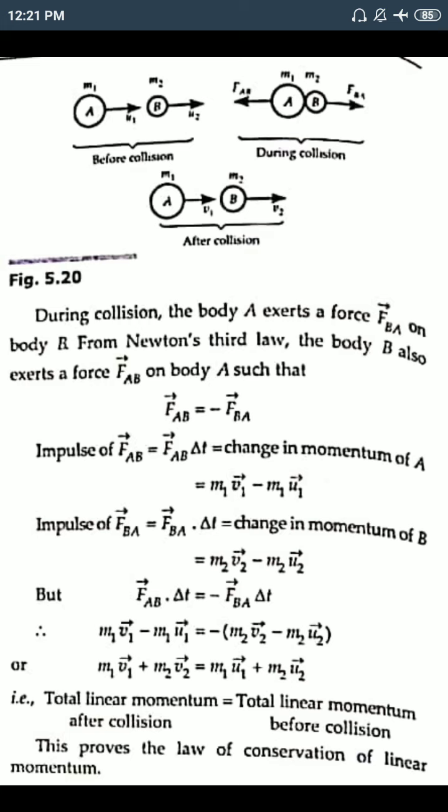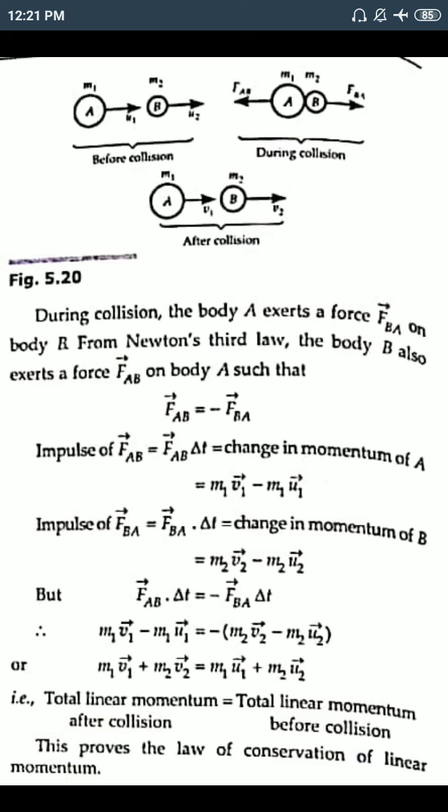So in the second diagram, during collision, the force exerted on A by B is FAB, and the force exerted on B by A is FBA. According to the third law, these two forces are equal but opposite in direction, and they do not cancel each other.